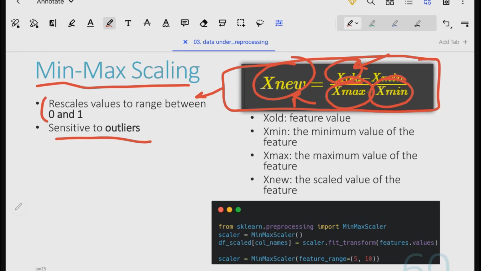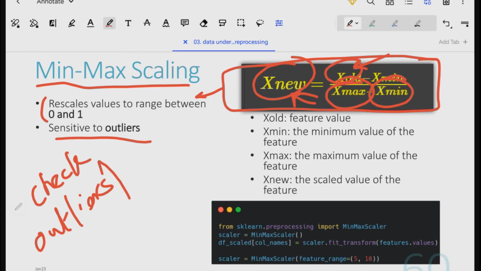If you check your data and find that you have a lot of outliers, then don't apply min-max scaler, because it is going to generate new values which are affected by the outliers. It's like a virus: it has considered the virus inside the data, generating new data, or a new protein, with the virus in it.